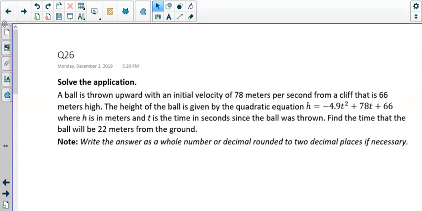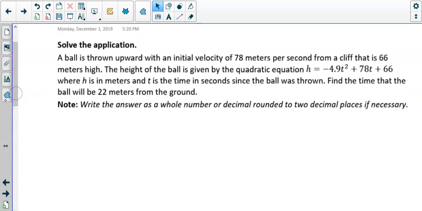Application problem. So a ball is thrown upward with an initial velocity of 78 meters per second from a cliff that is 60 meters high. The height of the ball is given by this equation right here. Okay? Where h is in meters and t is the time in seconds the ball was thrown.